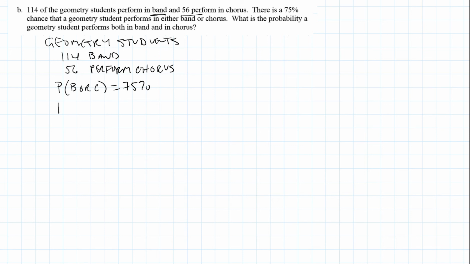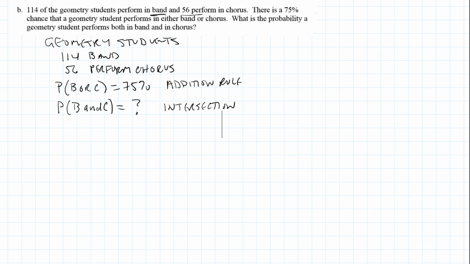So then they want the probability of band and, oh, I should write that out, and chorus. So what is that probability here? Put a question mark. So when we look at band or chorus, this is the addition rule right here. And this right here is the intersection.